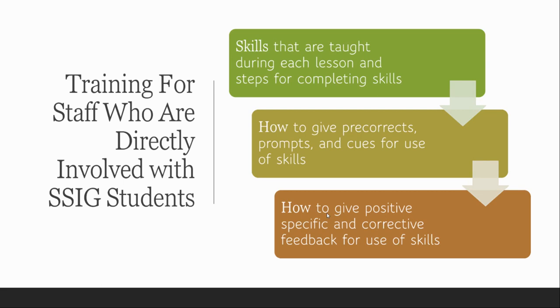And lastly, how to give positive specific feedback and how to give corrective feedback while they're observing those students demonstrate those skills. So giving that positive specific feedback when they see students demonstrating those skills, or giving that corrective feedback when they see students are not demonstrating those skills.